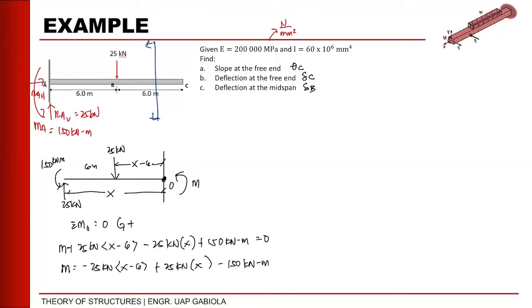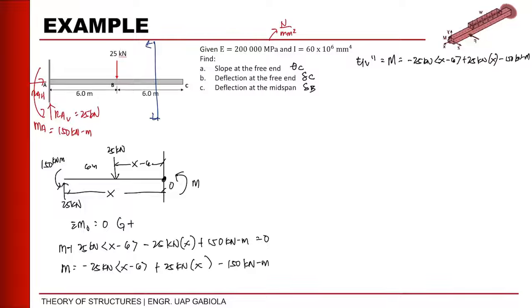Using our equation, EIV double prime is equals to M. So substitute natin, negative 25 kilonewton X minus 6 plus 25 kilonewton X minus 150 kilonewton meter. So practice including the units na lang para later sa conversion hindi tayo malilito, no?